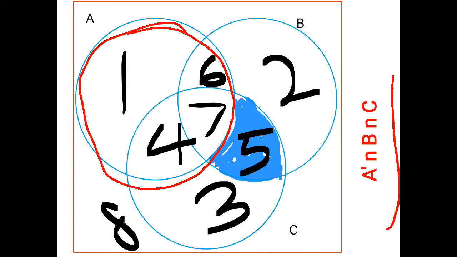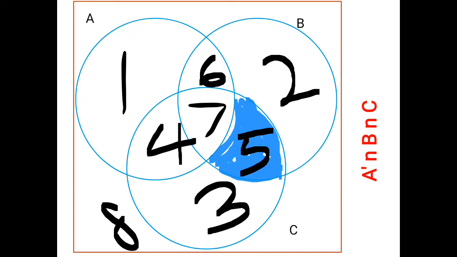So because region 5, the shaded region, is not found in circle A, or because no part of the shaded region is found in circle A, it means A complement intersection B intersection C, because the part shaded with blue color, region 5, is found in B and C. Let's look at the difference between the previous one and this one very carefully.